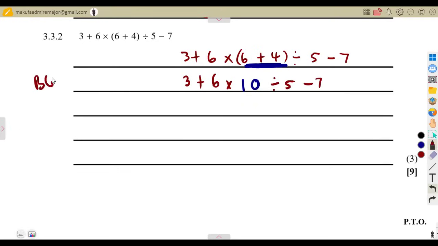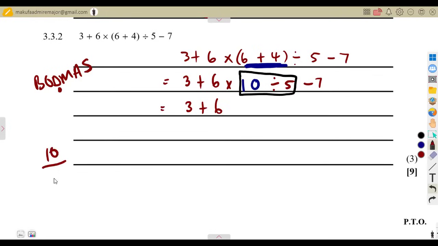Using the BODMAS concept, you've dealt with the brackets, so this time you're going to divide. Which part is dividing? The part of 10 and 5. Everything else remains as it is: 3 plus 6 times, and 10 divided by 5 is 2. So this is going to be times 2 minus 7.